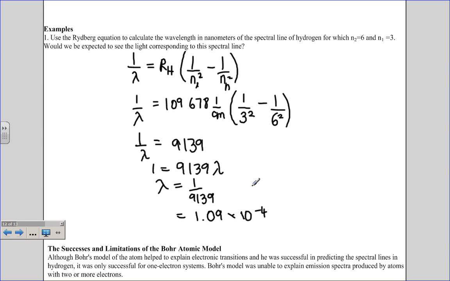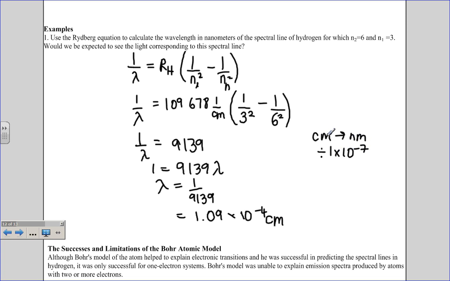Okay, and this answer, because my Rydberg constant was in centimeters to the negative 1, and then I did 1 over centimeters to the negative 1, I'm left with centimeters. To convert from centimeters to nanometers, what I need to do is divide by 1 times 10 to the negative 7.